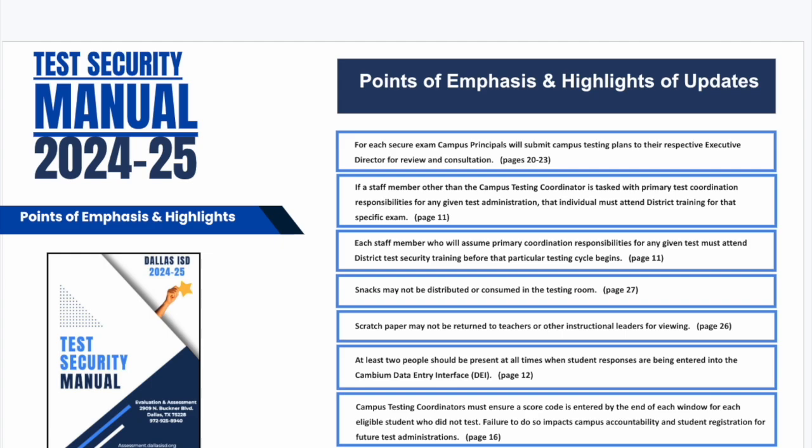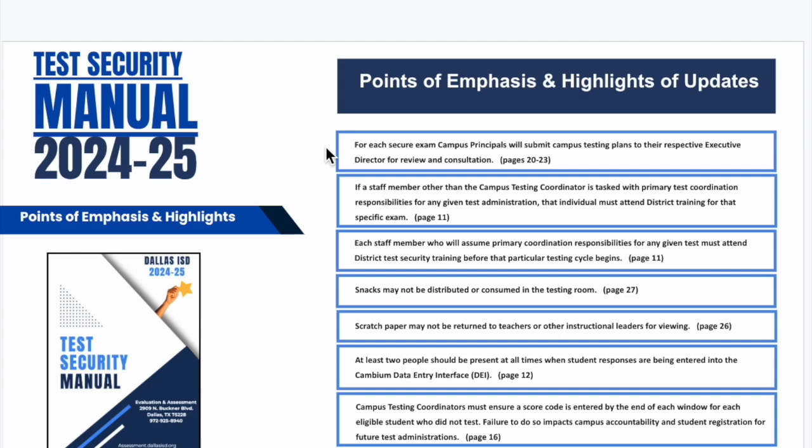For this year, for each secure exam, campus principals will submit campus testing plans to their respective executive director for review and consultation. That's found on pages 20 to 23 on the testing security manual.